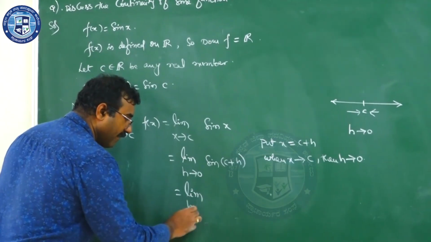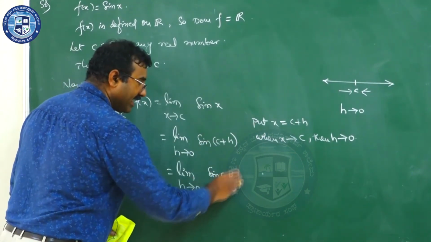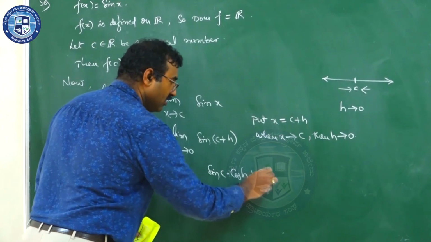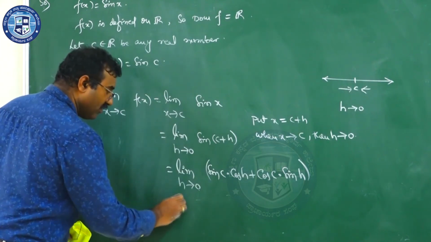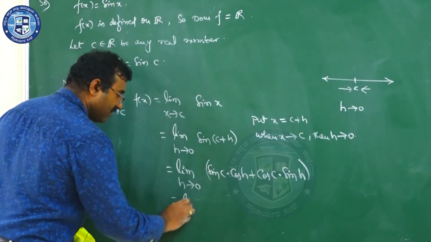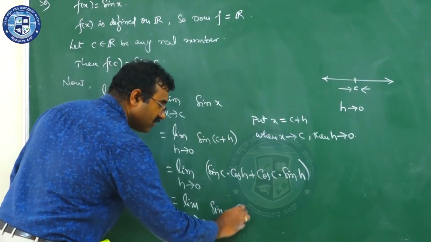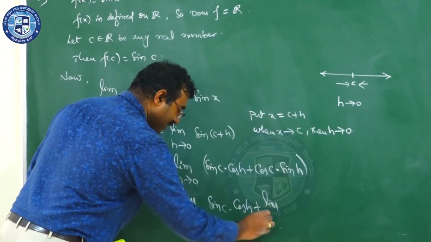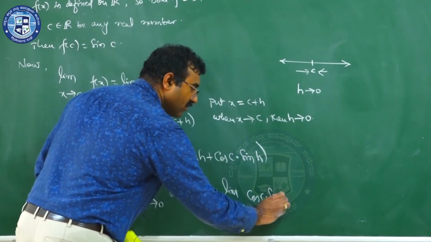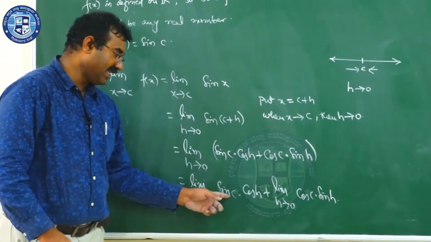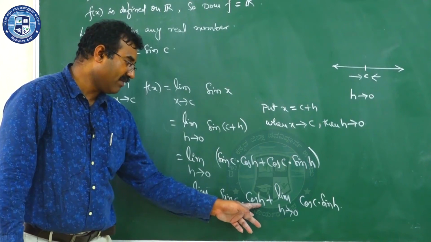Limit h tends to 0, sin(c plus h). The sin(a plus b) formula we all know: sin a cos b plus cos a sin b. By the algebra of limits, we can apply the limit separately: limit h tends to 0 of sin c cos h, plus limit h tends to 0 of cos c sin h. Observe that sin c is a constant, fixed value, and h is coming close to 0, so it becomes cos 0.